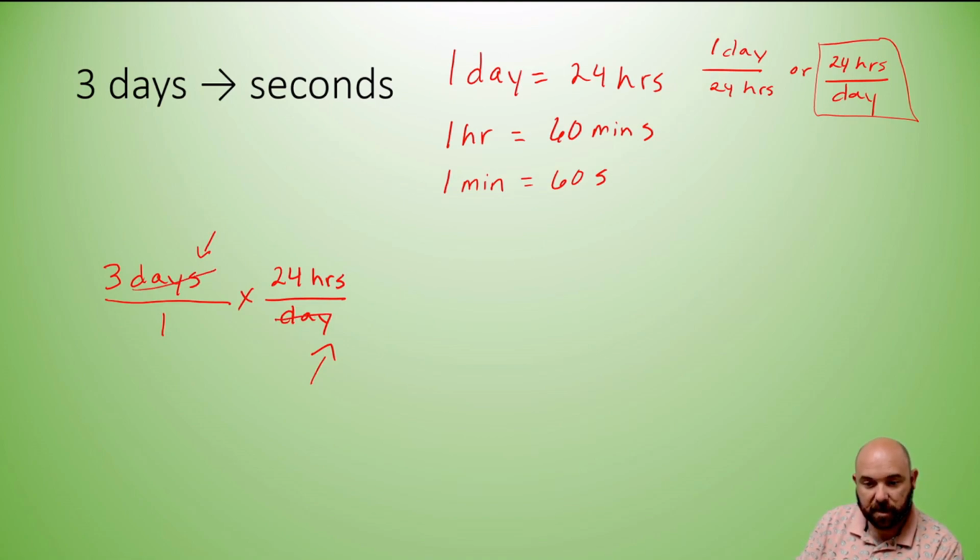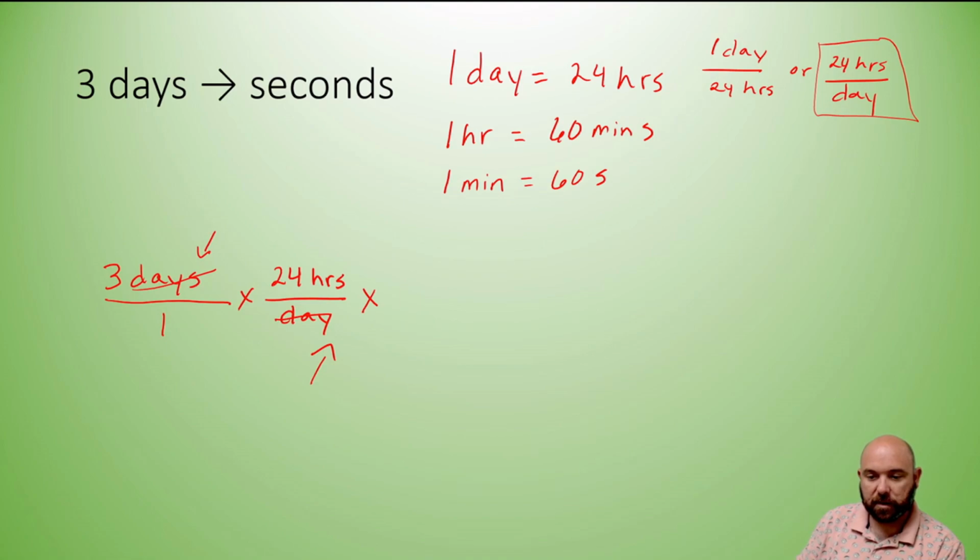And if I stopped there, I would be left with however many hours 3 days is. And that's pretty intuitive, because we see it's 3 times 24. However, I don't want to stop at hours. I want to go all the way down to however many seconds that is.